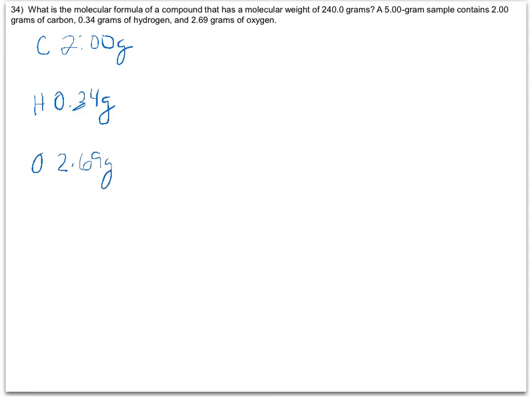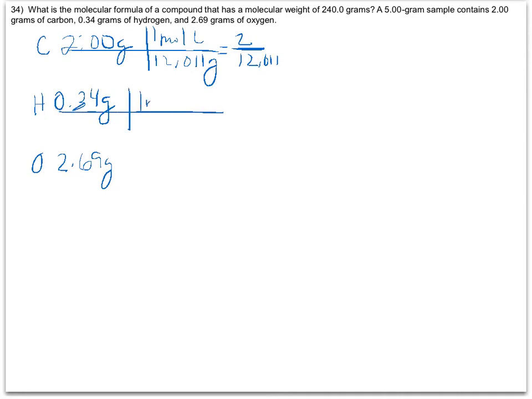Okay, so remember, to go from mass to mole we have to set up our T-chart, which means molar mass. So 1 mole of carbon is 12.011 grams, which means we're taking the 2 and dividing it by 12.011.